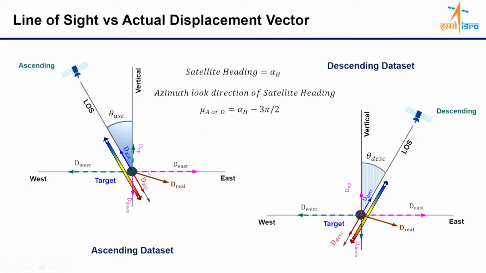So this real displacement vector can be expressed in terms of three components. One component of this displacement vector is along the east west direction, another component is along the north south direction, and the third component is along the up and down direction.